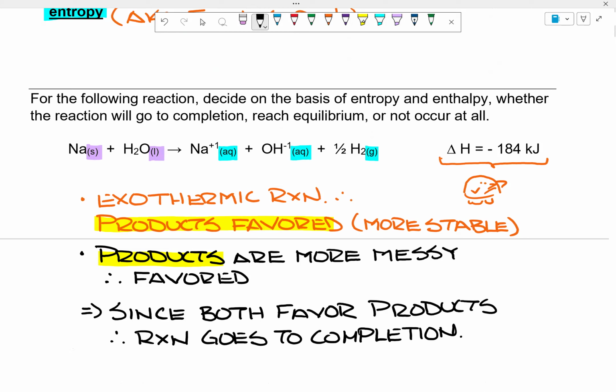Okay, so in this particular case, both favor the products, so the reaction goes to completion.